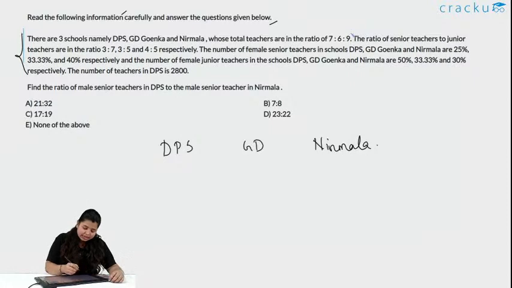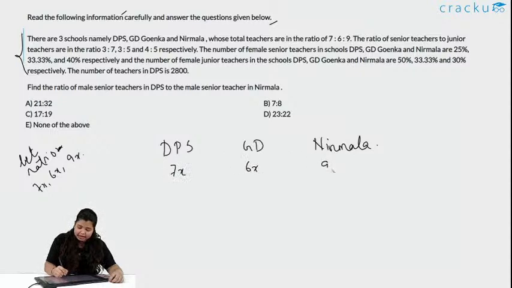So, what you can do is take the ratio, I am just doing it step by step, to be 7x, 6x and 9x. So, for DPS it is 7x, 6x and 9x.